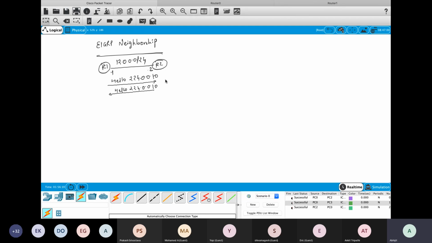It will contain some other information, and the hello message is sent to the destination address 224.0.0.10. The hello message contains three neighborship parameters.